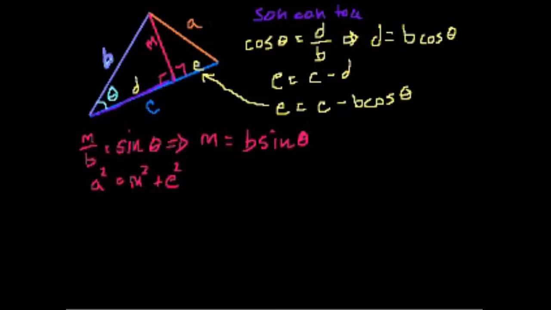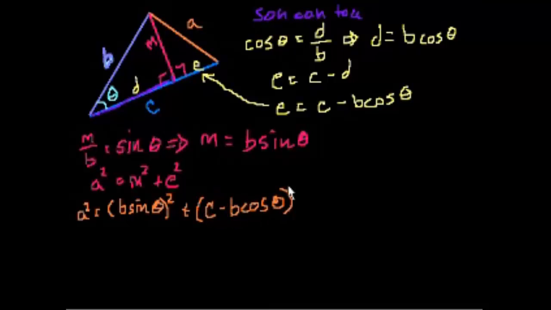Let me switch to another color just to be arbitrary. So A squared is equal to M squared. M is B sine theta, so it's (B sine theta) squared plus E squared. Well, E we figured out is this, so it's plus (C minus B cosine theta) squared. Now let's just chug through some algebra.